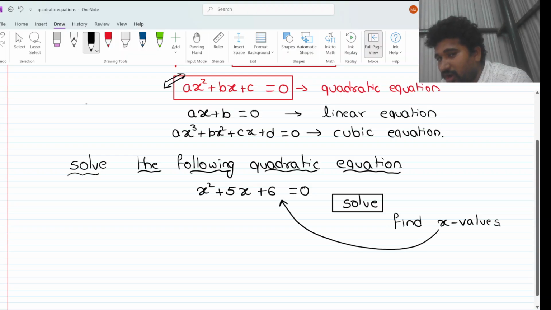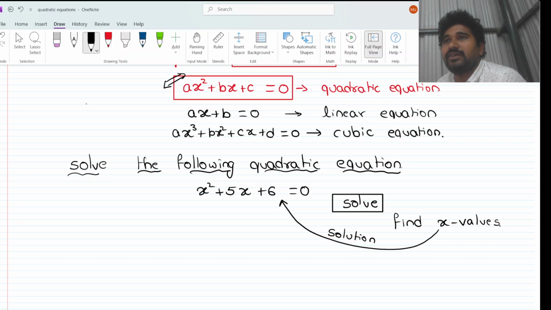Those are called the solution. Are you clear with that? Solve means you have to get the x values. Those x values are called the solution.